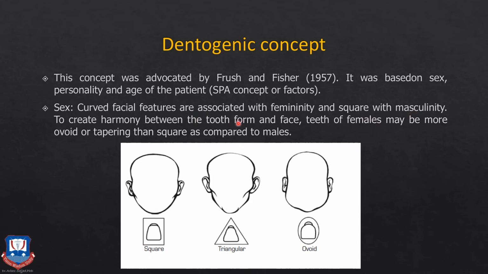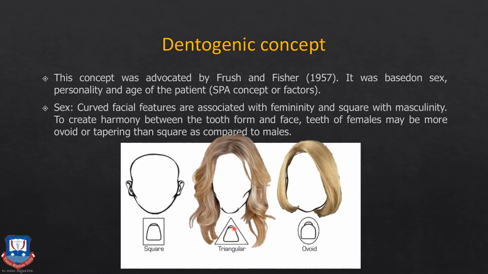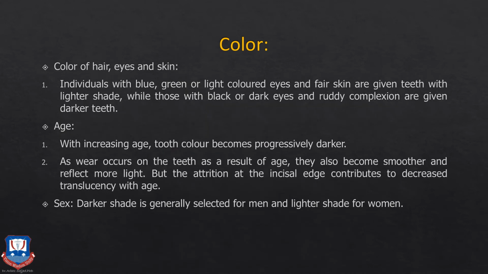So to create harmony between the tooth form and the face, females will generally have a tapering and ovoid tooth mold selection, based on femininity, and males will generally have a square shaped tooth mold selection to display masculinity.